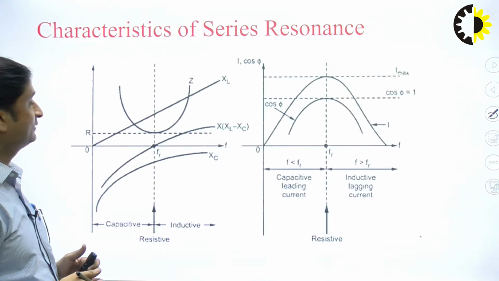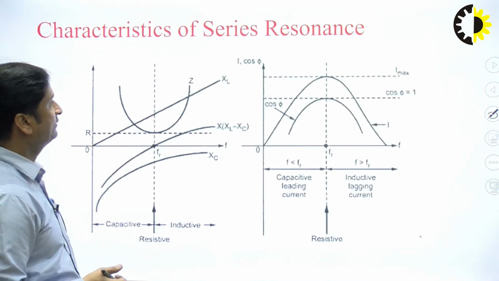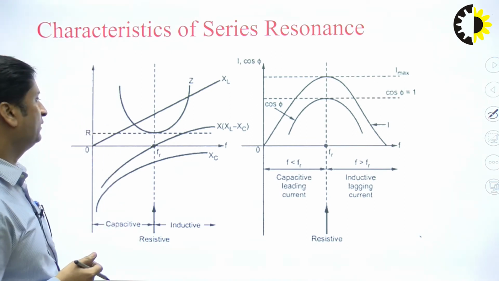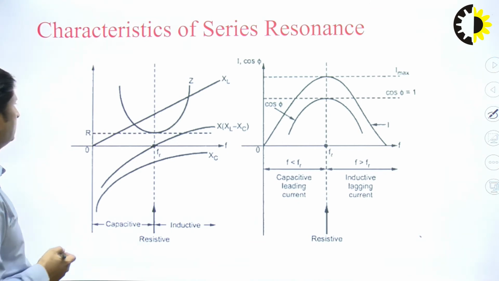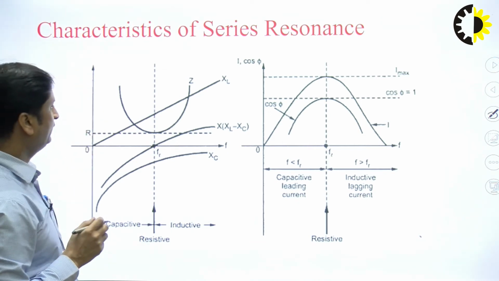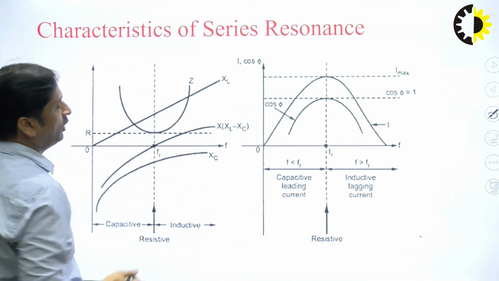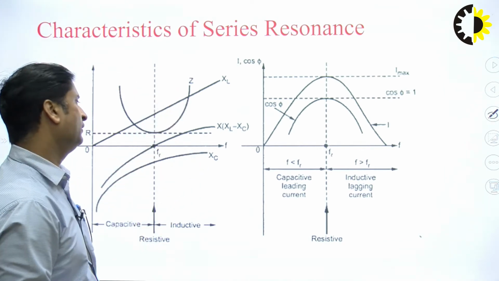Now let us discuss some characteristics of series resonance. Suppose we are drawing the characteristics of reactances versus frequency, since the voltage is constant.